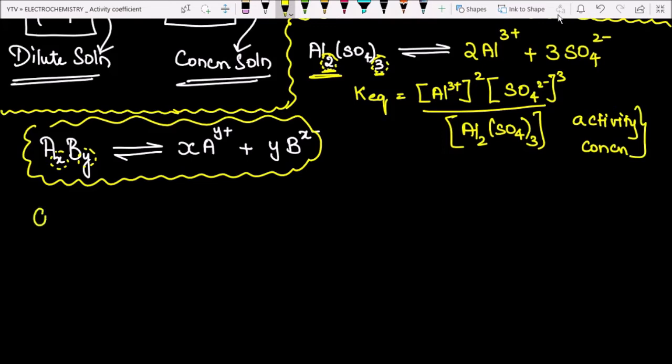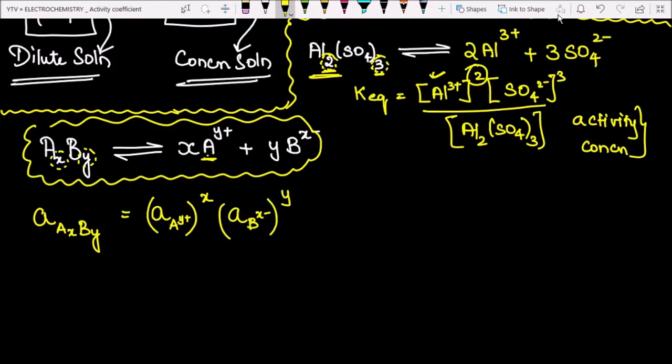So if I am asking you to tell me the activity of this salt AXBY, how can we write the activity of this salt? Activity is concentration, right? So for this salt, what is going to be the concentration? It is nothing but the activity of A^(y+) raised to the power x, just like how we raise to the power 2 here, multiplied by the activity of B^(x-) raised to the power y.